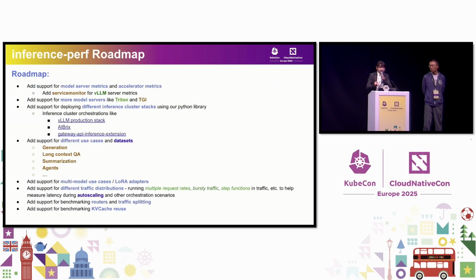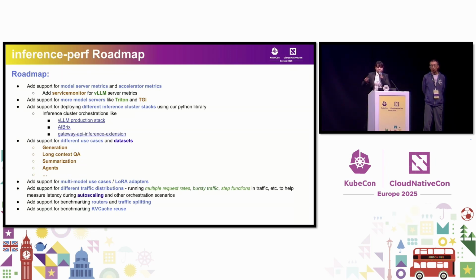And in the future, because serving is not just a server. If you think about it, it's an inference cluster. And in the open source, we have a lot of inference cluster orchestrators like production stack, AIBrix, or even Dynamo, right?